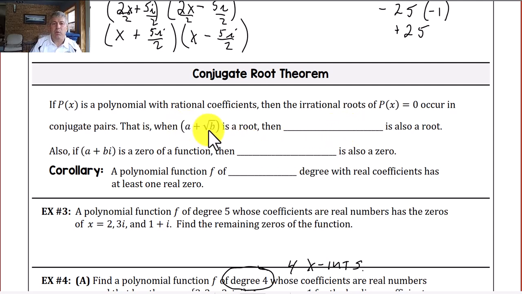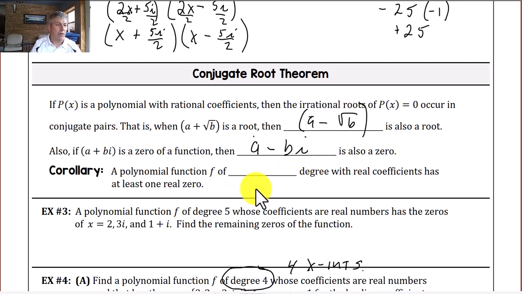So if a plus the square root of b is a root, then a minus the square root of b is a root, which is about what we did in the previous one. We said the plus the square root of 25 and minus the square root of 25. So if a plus bi is a 0 of a function, then a minus bi is also a 0 of the function.